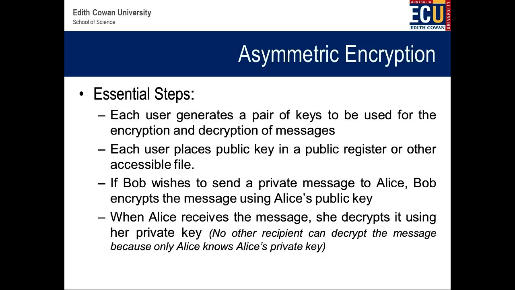Like I mentioned in the last bullet, when Alice receives the message, she decrypts it using her private key. No other recipient can decrypt the message because only Alice knows her private key. Is it clear? Can you easily differentiate between symmetric and asymmetric encryption now? In symmetric we had only one key. In asymmetric we have two keys.